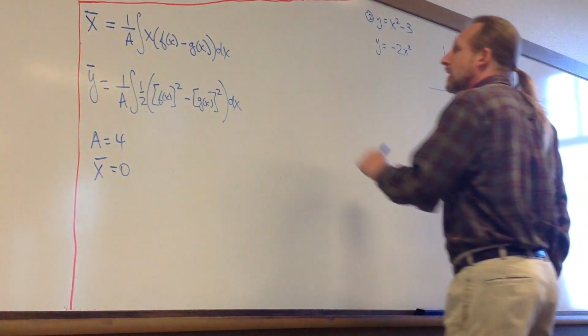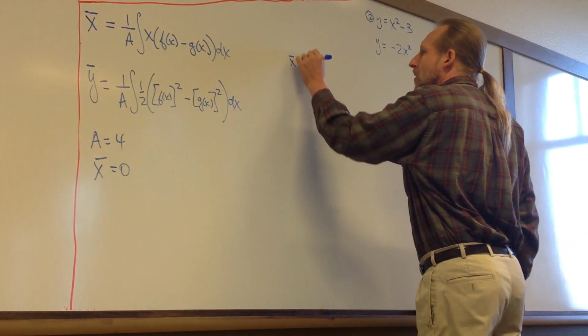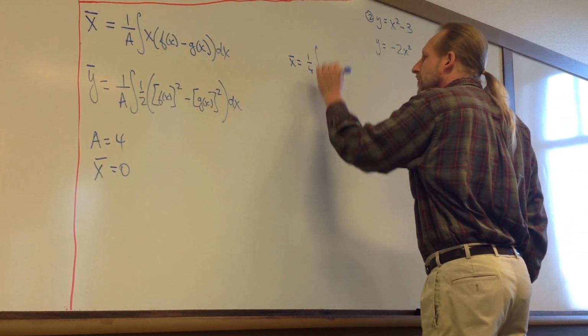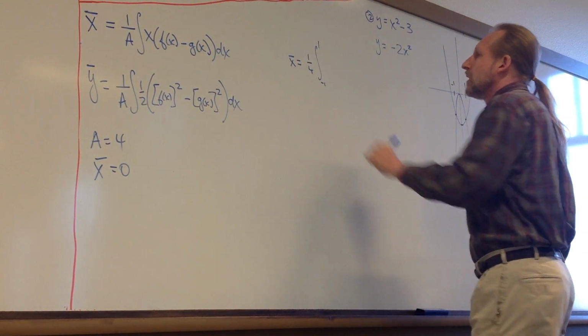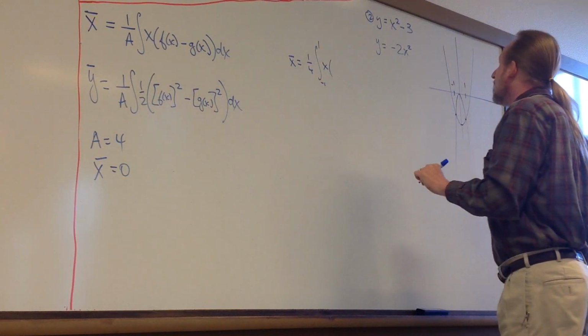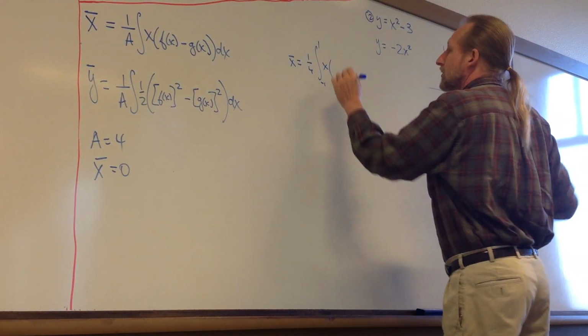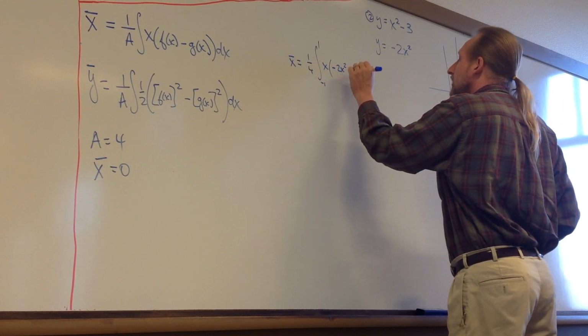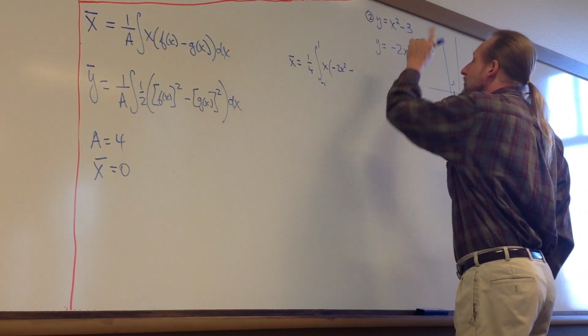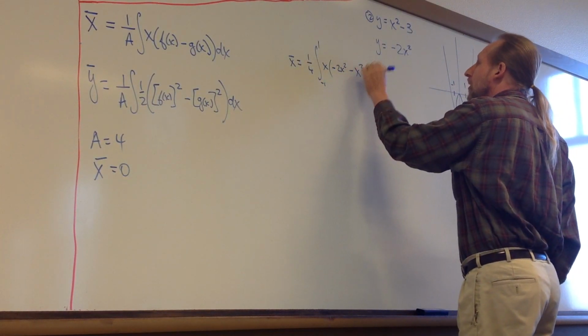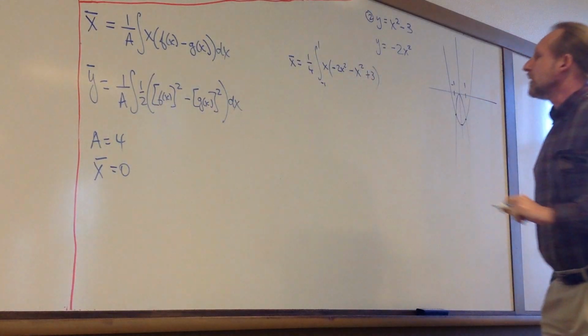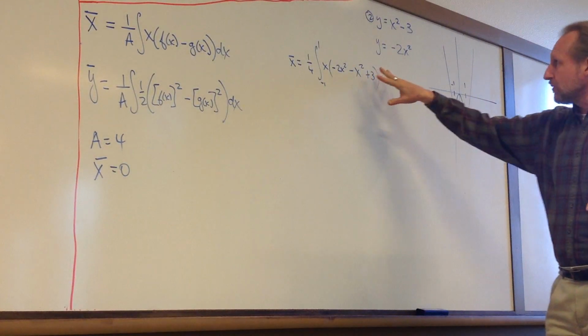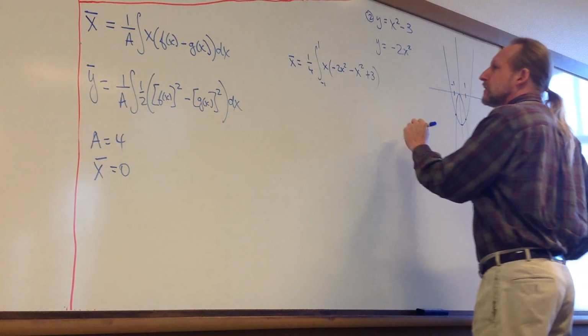So this will be 1 over 4 from negative 1 to positive 1. X times the f function is the negative 2x squared, and then the g function is that x squared minus 3. So again, it's minus parentheses x squared minus 3.